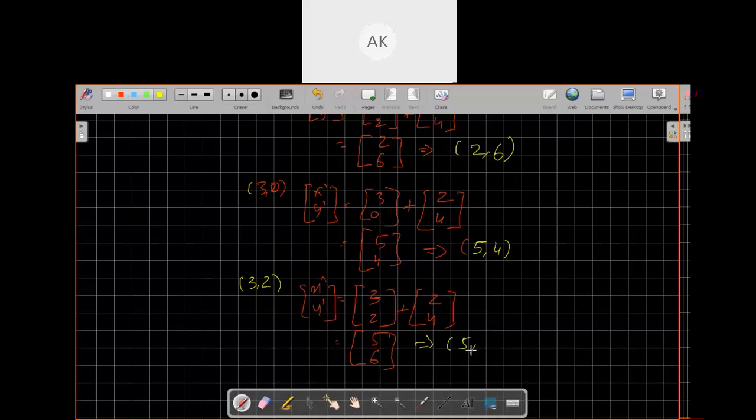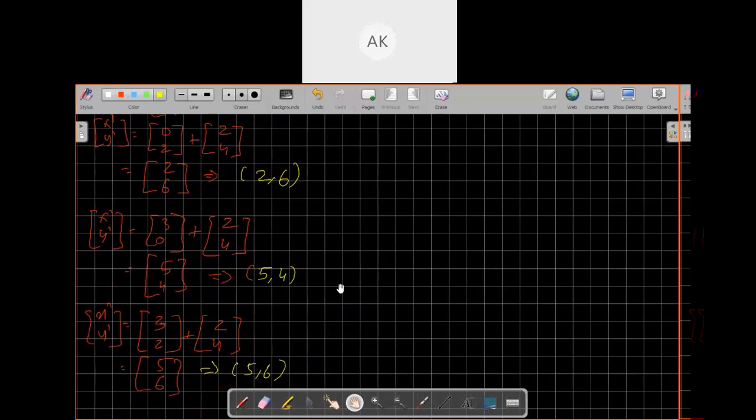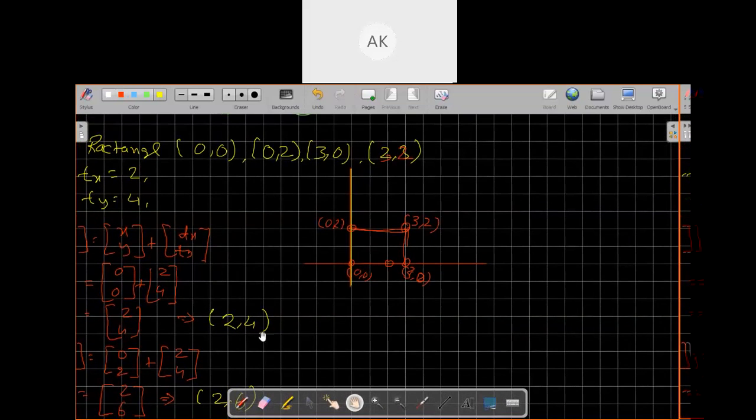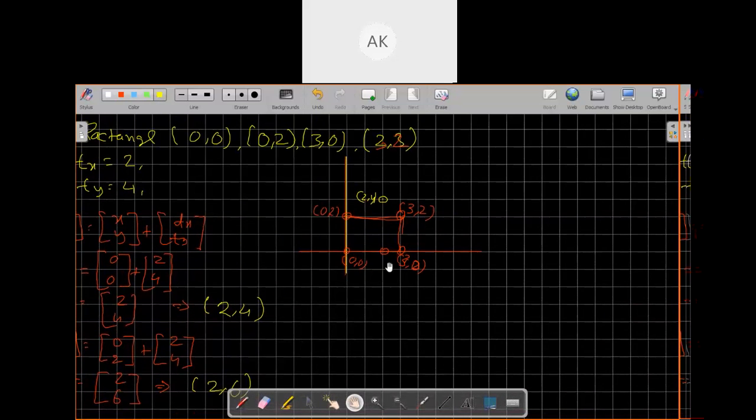Let's translate the next point, which is 3 2. x dash, y dash, the new position, is 3 2, the current position, plus our translation parameter, which is 2 4. You will get 3 plus 2 is 5 and 2 plus 4 is 6. So the new value after translation is 5 6.